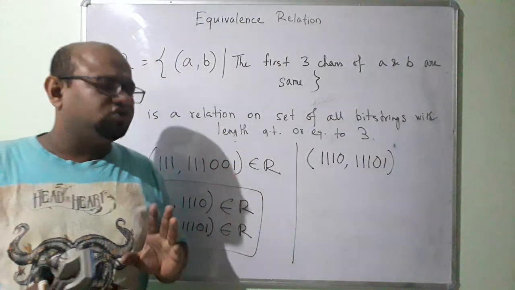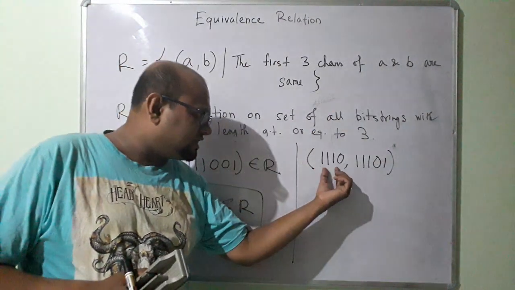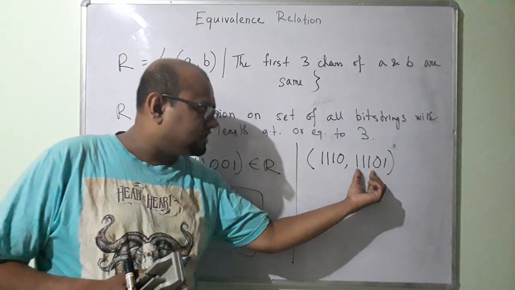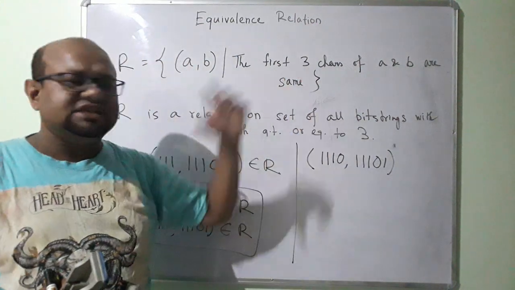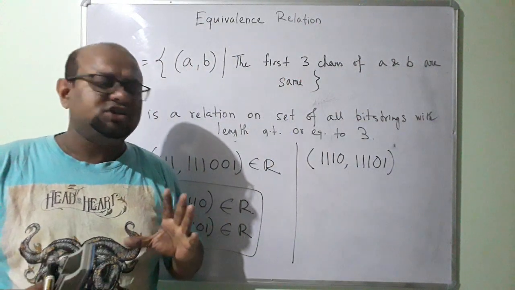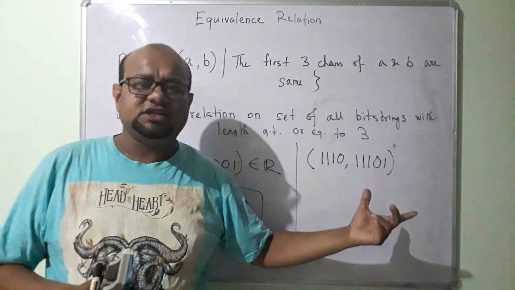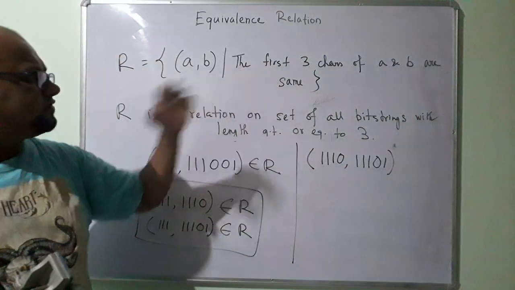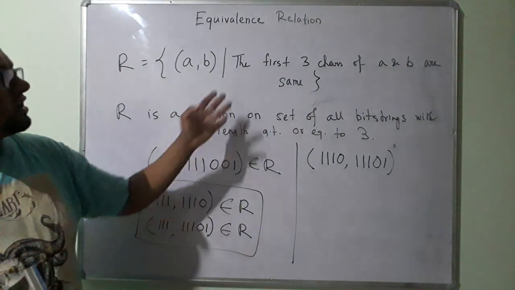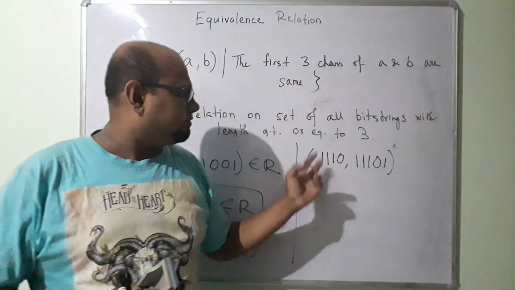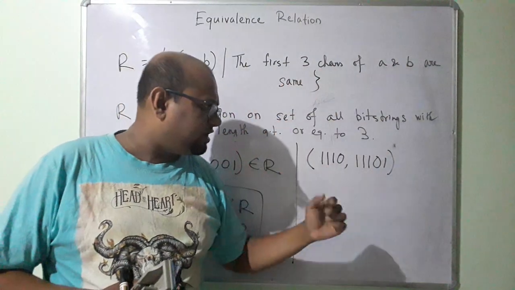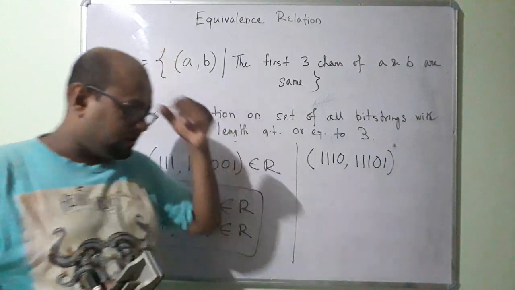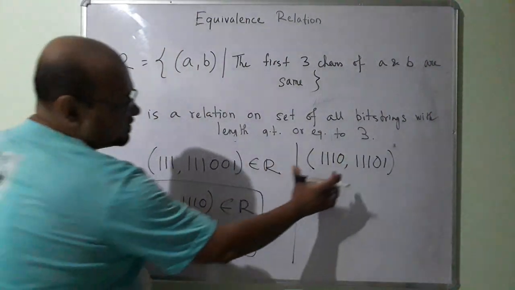Of course it belongs to the relation. I can see that the first 3 characters of this and the first 3 characters of this are the same. Okay, that is the definition of things being in the relation. So given by this definition, the first 3 characters of A and B are the same. The first 3 characters of this A and this B are the same. Alright, so this will also belong to the relation.